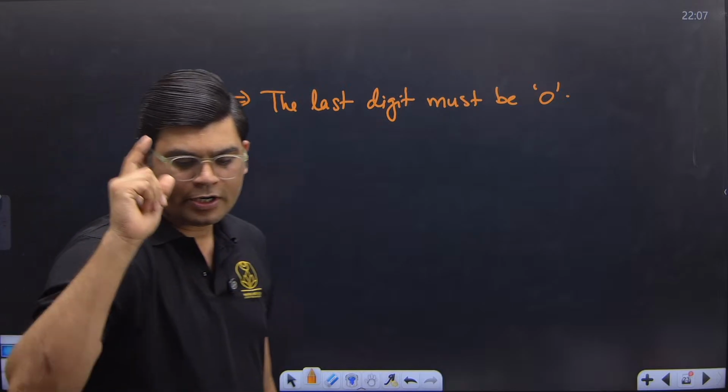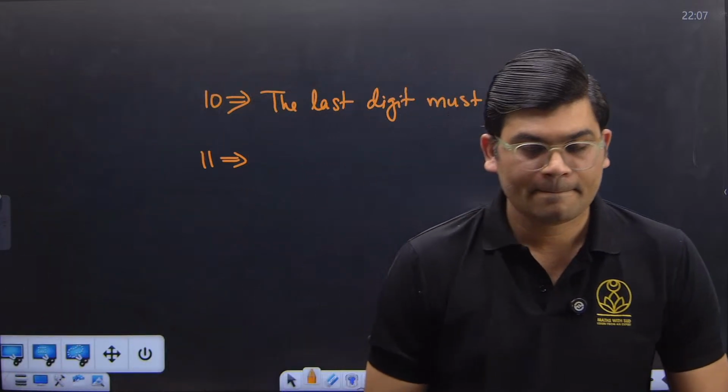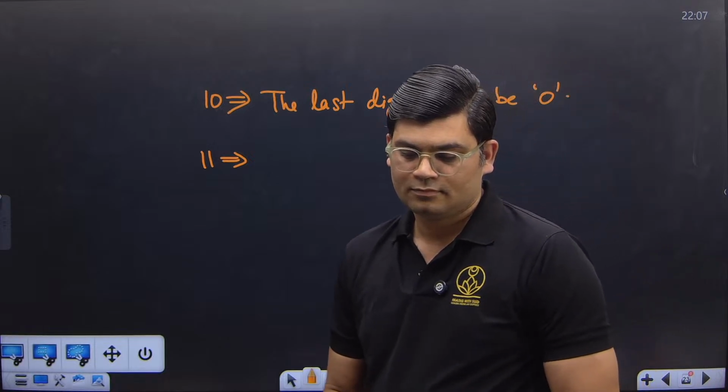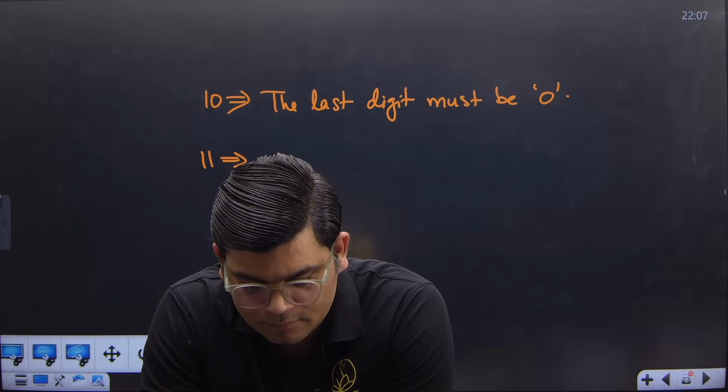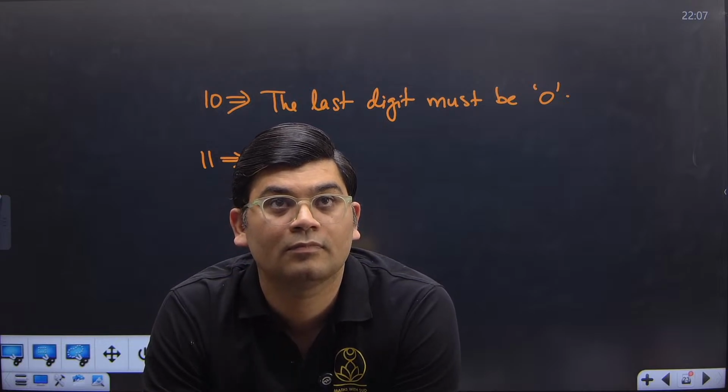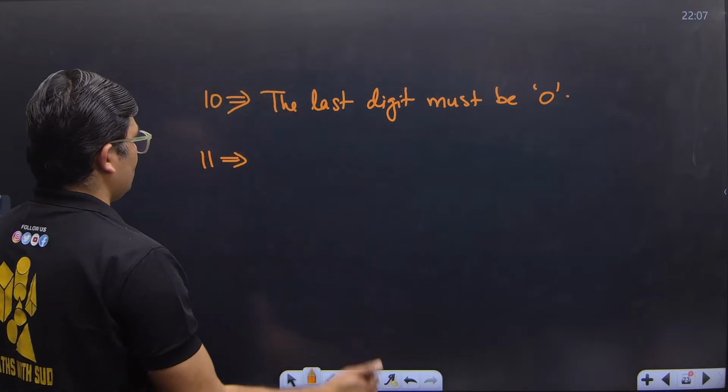What is the divisibility rule for 11? Sir, this is very important. When the difference between the sums of digits is either 0 or 11.